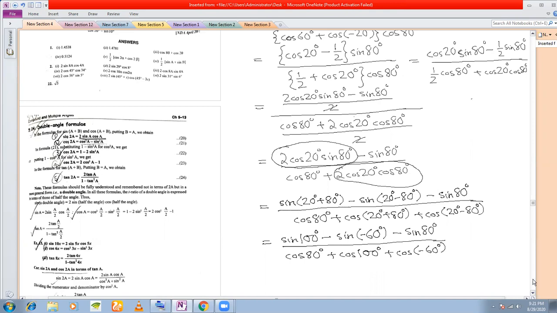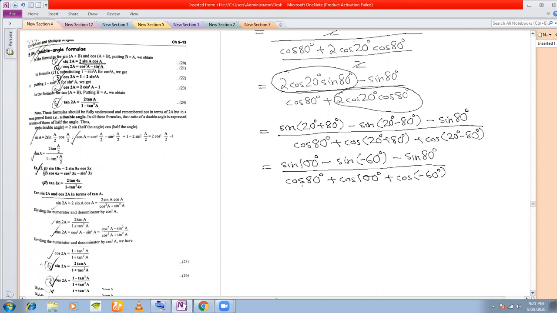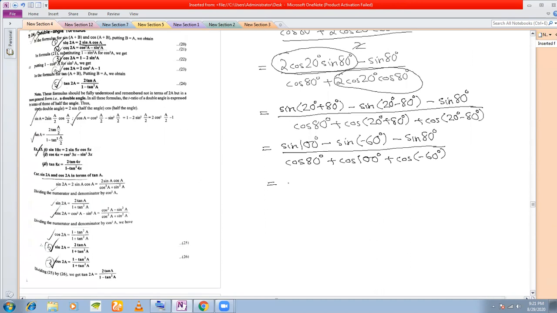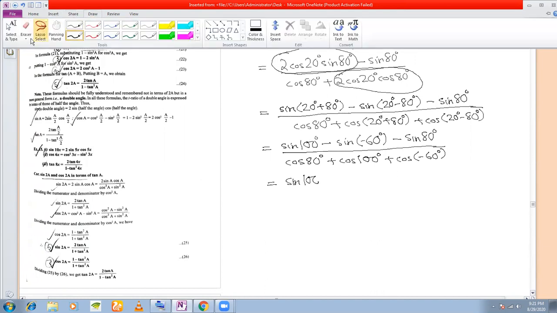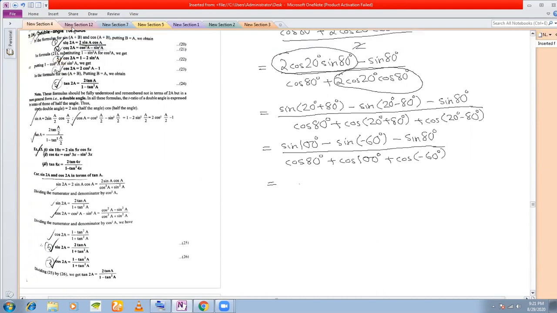Okay, now what we are going to do here is convert this negative angle to a positive angle, both in the numerator and the denominator. So we write sin 100 degree, and you know that sin of minus theta is minus sin theta, isn't it? This you should know, I've done in your chapter on negative and associated angles, previous to this.